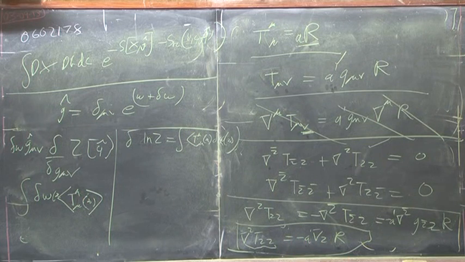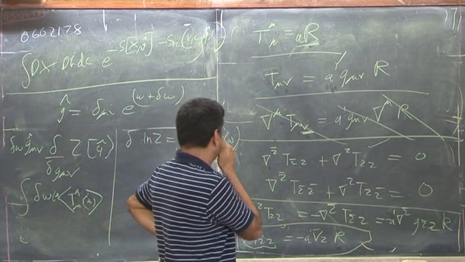What's probably going on is that for metrics of this kind, is the gradient of T mu always equal to 0 and vanishes only on shell?